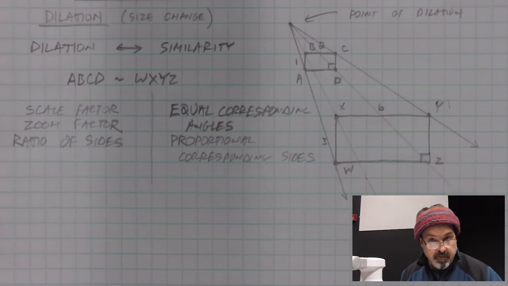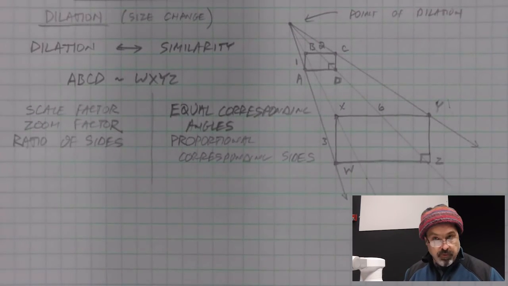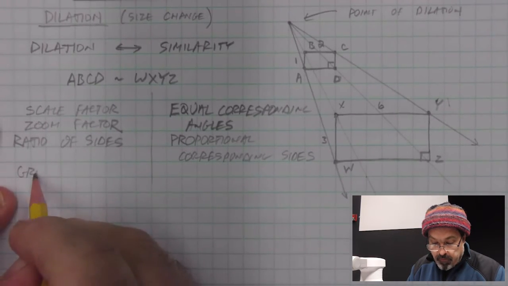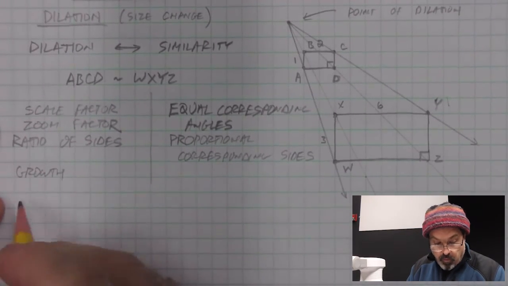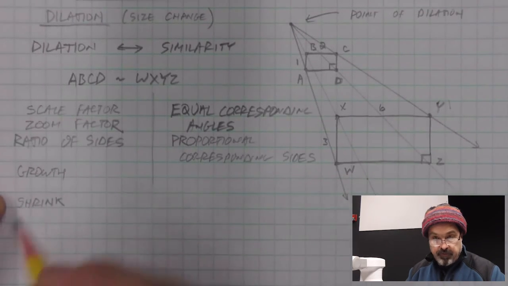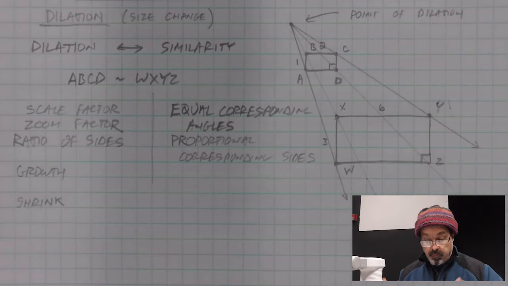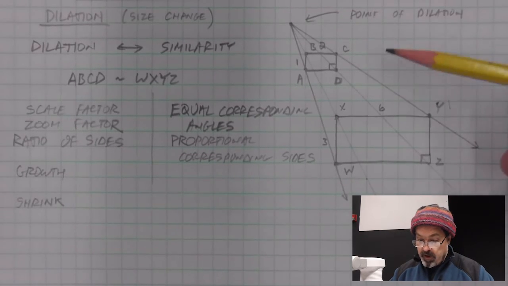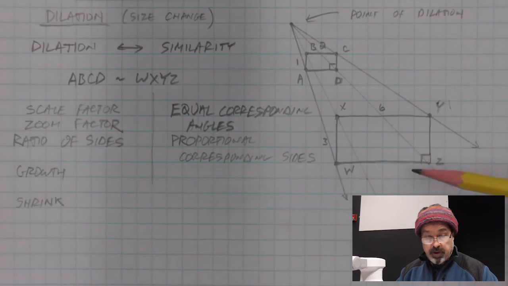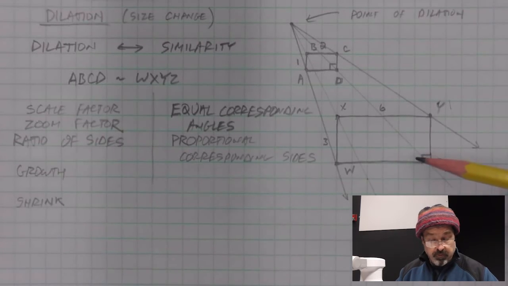And these can be thought of as a ratio of sides. If you have two sides to compare in a ratio, you can do it in two ways. One comparison is for growth, and one is for shrinking, changing size by getting bigger or smaller. When we started out, we started with the smaller shape, and we created the larger shape. So that was growth or expansion.